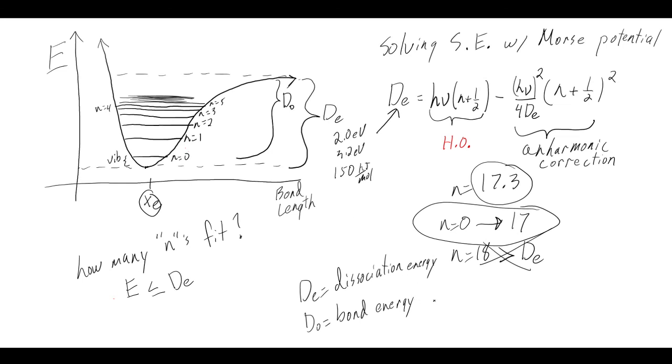The bond energy D0 is dE, the dissociation energy, minus the energy of vibrational state 0. Whatever the energy of this state is relative to the bottom, that's this vibrational energy E sub 0. So make sure you're not getting confused between dissociation energy and bond energy.